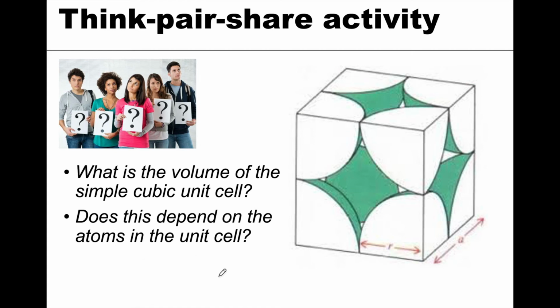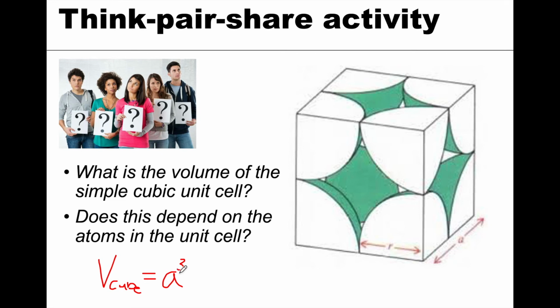All right, so you're back, and let's look at the volume. A cube has an edge length of a, and the volume of a cube is the edge length cubed, so it's a cubed.